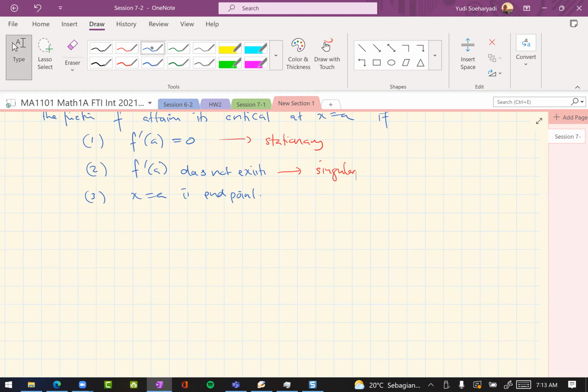Okay, so pictorially, stationary tells you that the slope of the tangent is 0. So that means the tangent line exists, and it is horizontal.